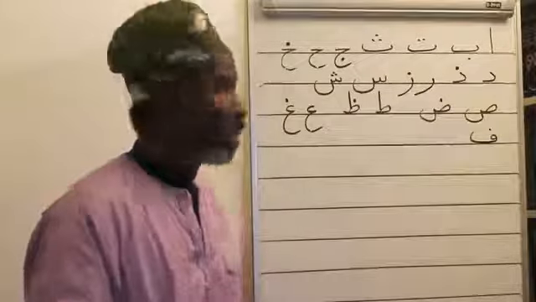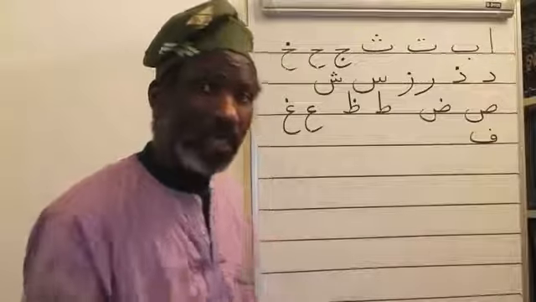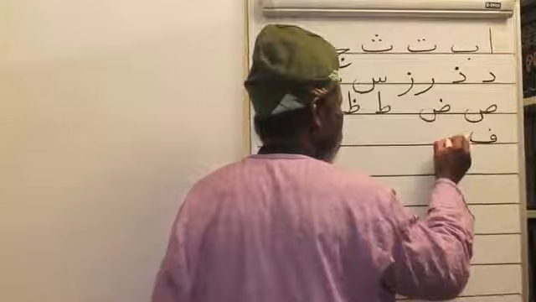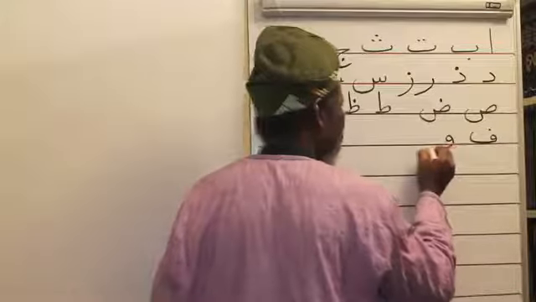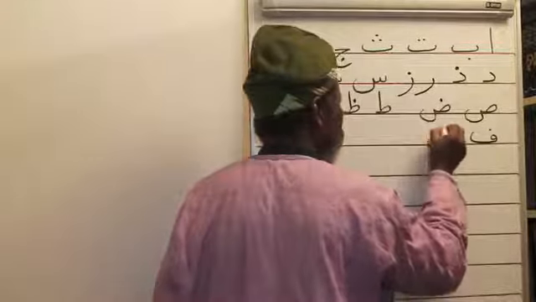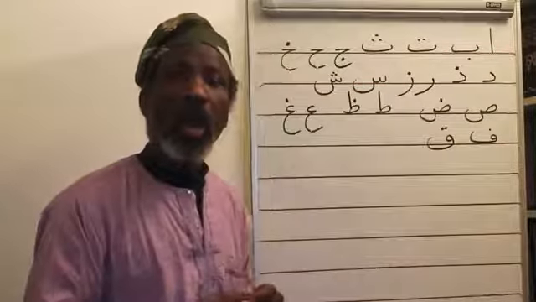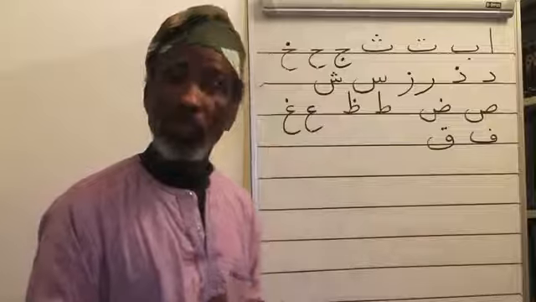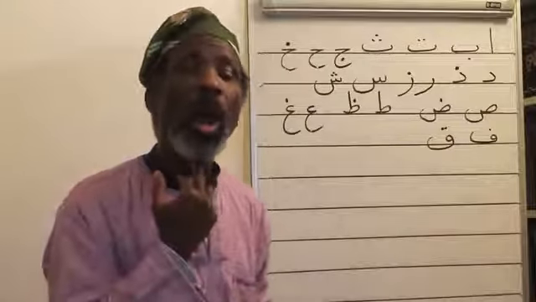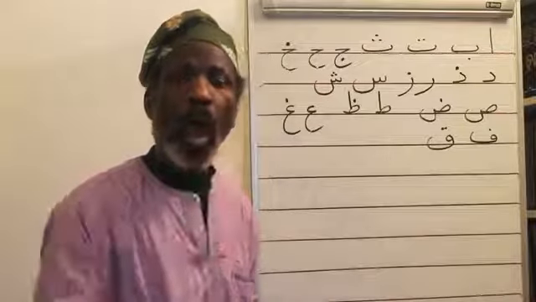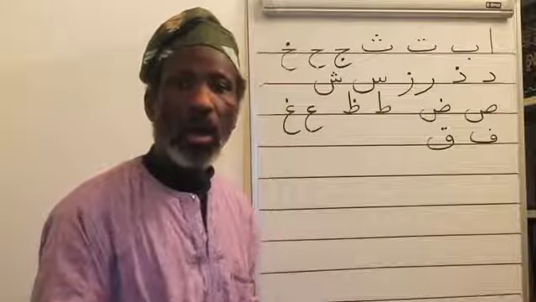That's very simple. Fa, like F-A. The next in the family, slightly deeper than the fa, so you have two dots on top of it, and that's qaf, like in coffee, coming from further back, with the mouth slightly open. Qaf.